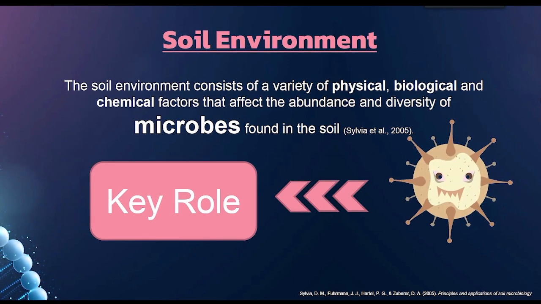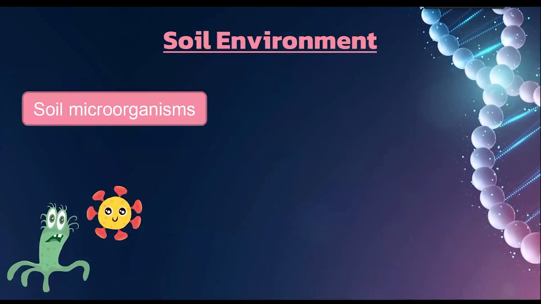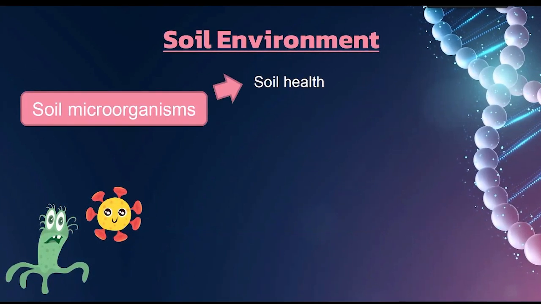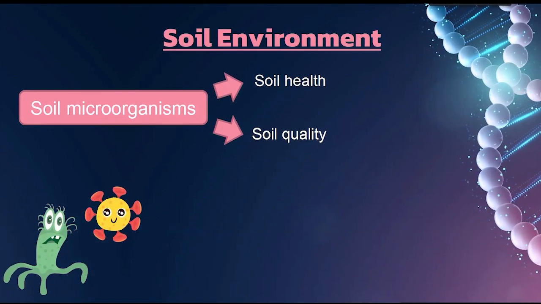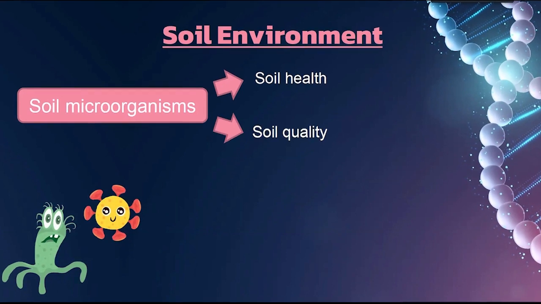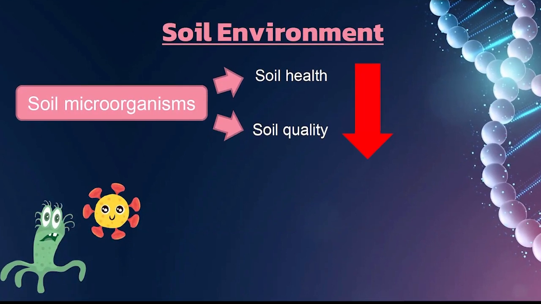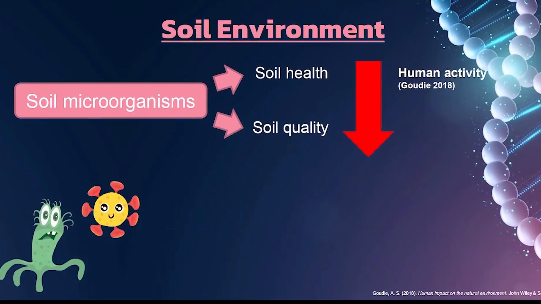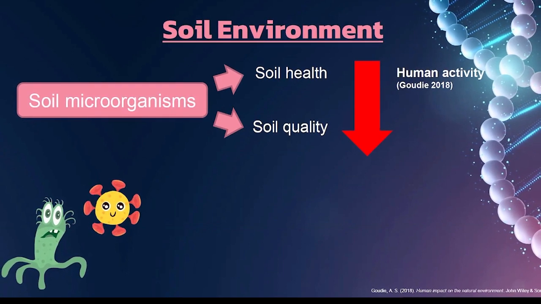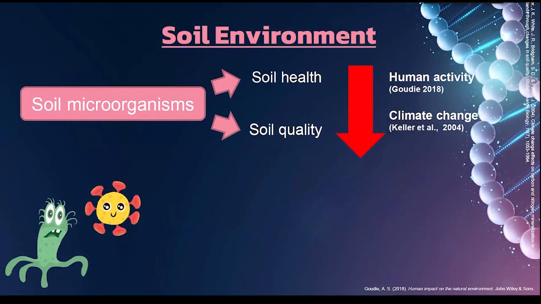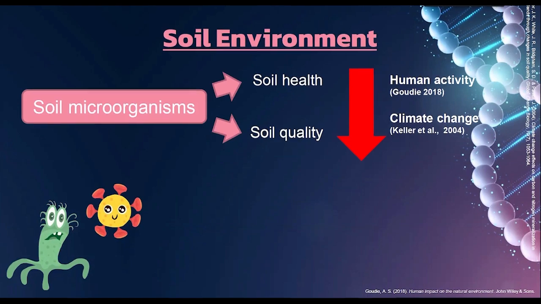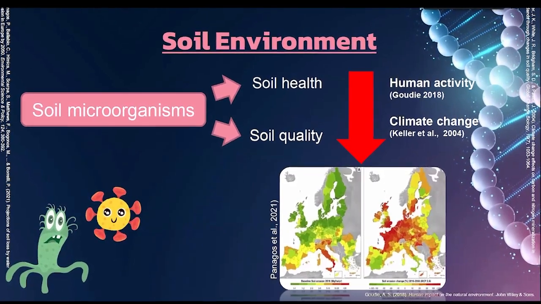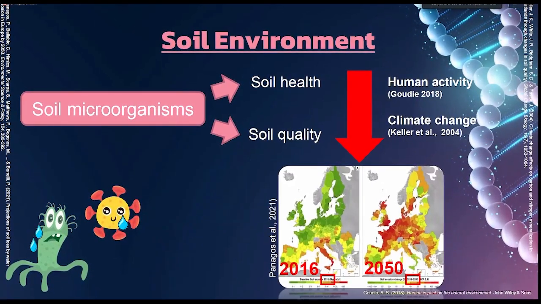For example, soil microorganisms take part in soil health, but also in soil quality. Both of them have been diminishing in past years, maybe due to different factors like human activity, but also climate change. And it is expected this trend will continue growing in the coming years.